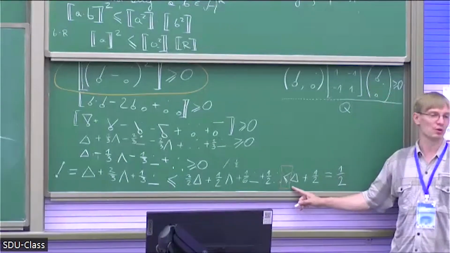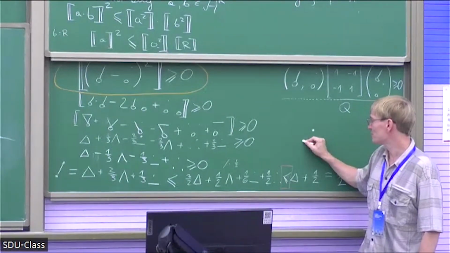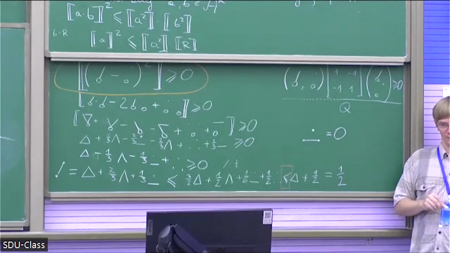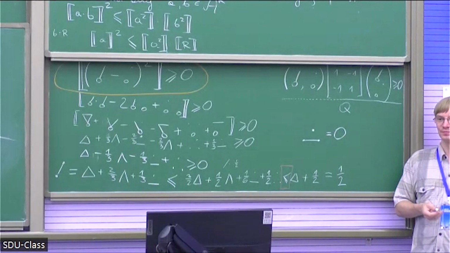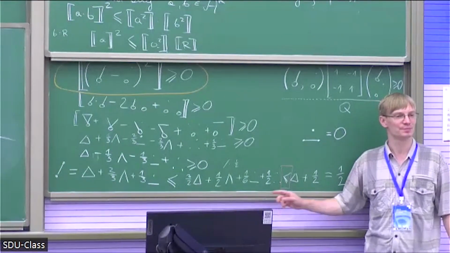So this is equality only when this graph has 0 density. You're right, in other cases, this would be strict inequality.